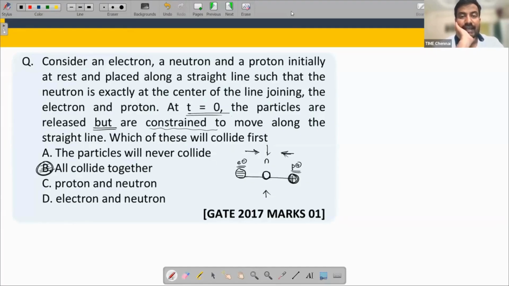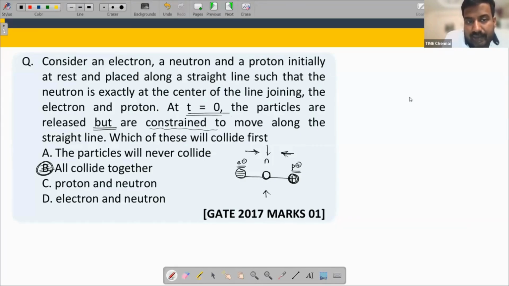But my question is, is that correct? Anyone? Is that logic correct? That's the most probable answer, that everyone will collide together.